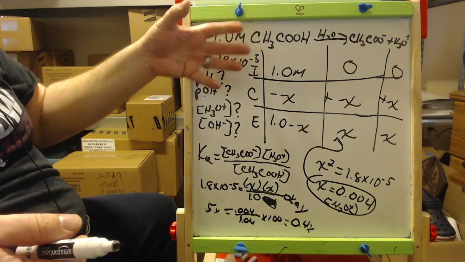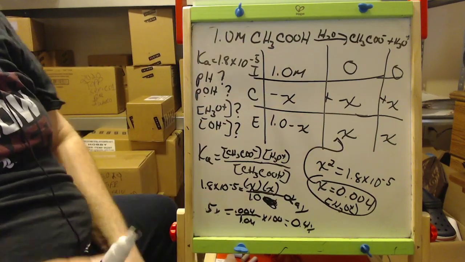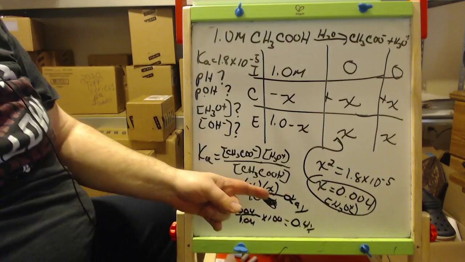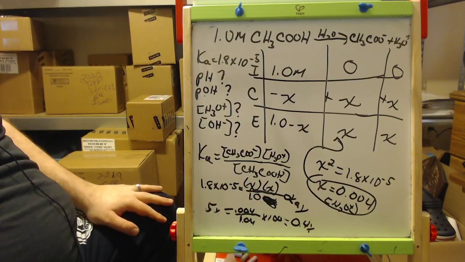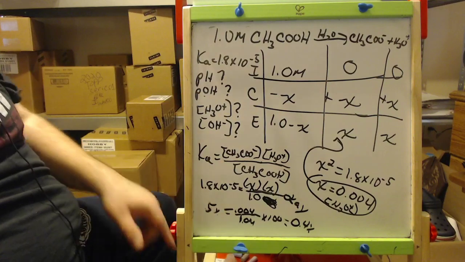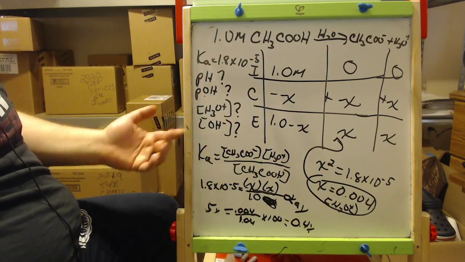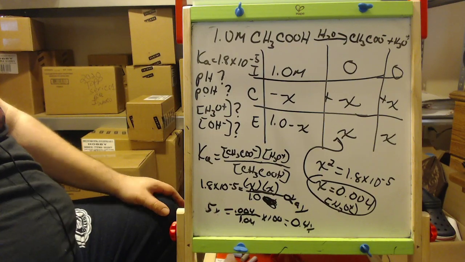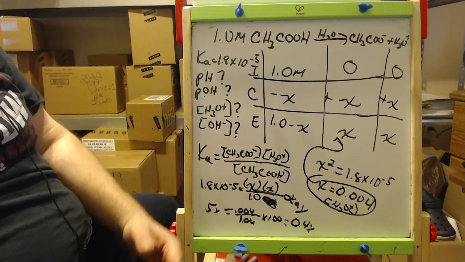But in a real life setting, it might not work out perfect. You also might run into a professor who doesn't like the 5% check and makes you use the quadratic, saying it's more accurate, which I ran into. When I teach Gen Chem, I teach the 5% check.